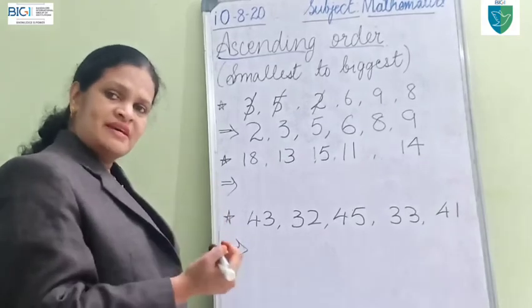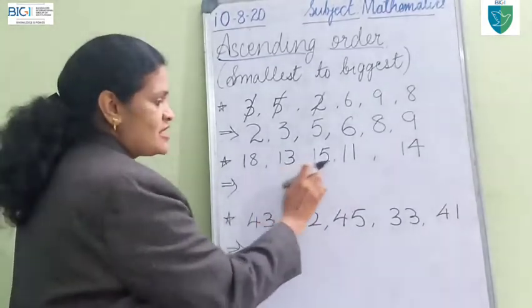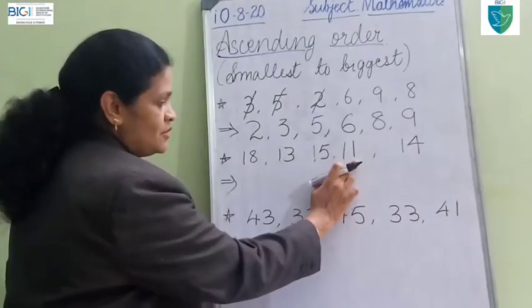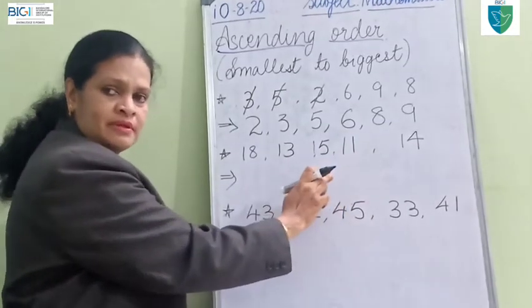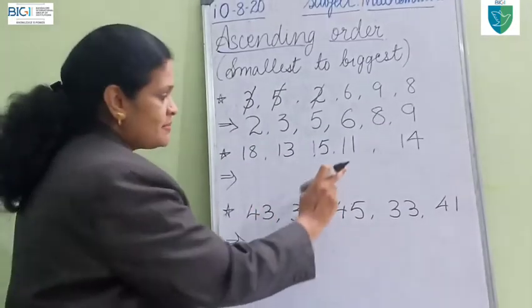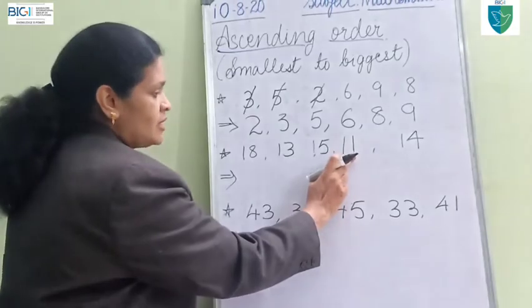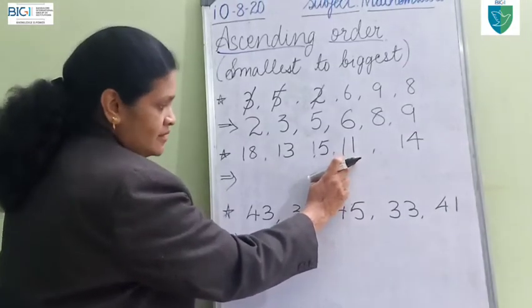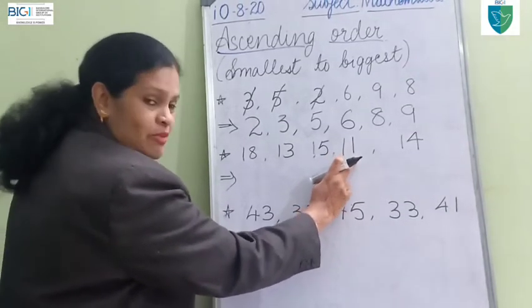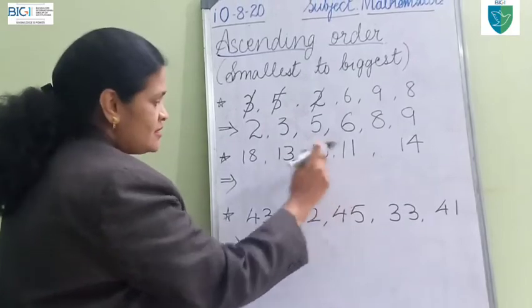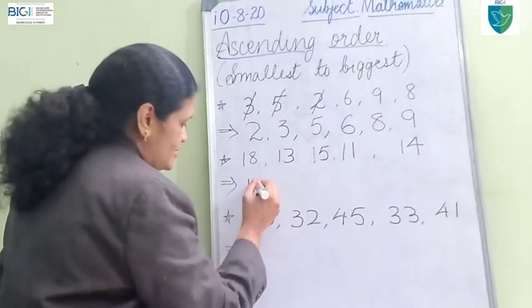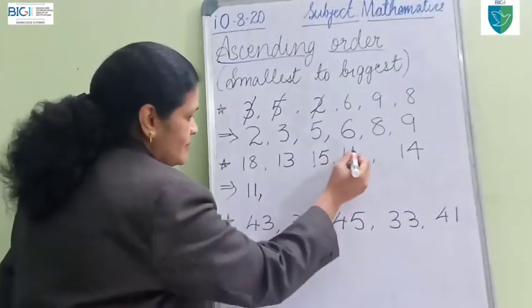To understand that, you now have to concentrate on the place value of ones. Which number is there in the place value of 1? Now, number 1 in the number 11 has the smallest value, right? So, number 11 is the smallest number.